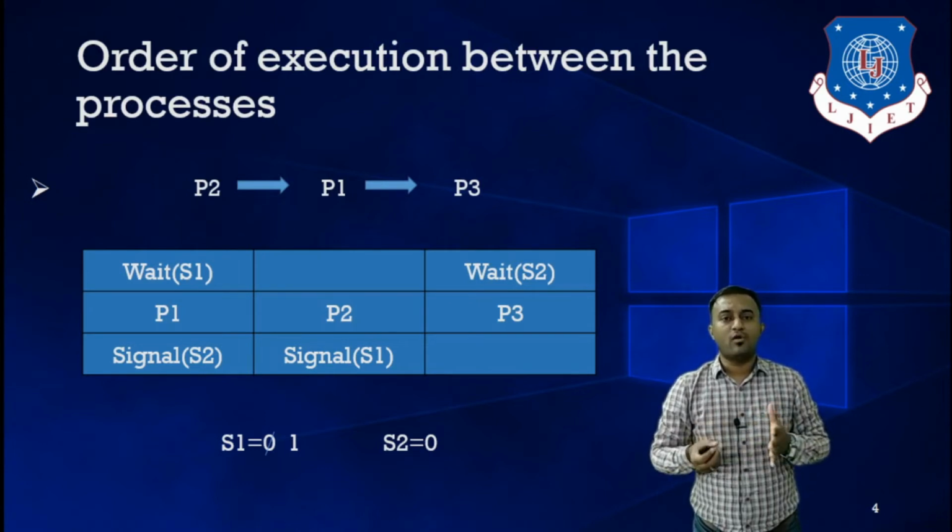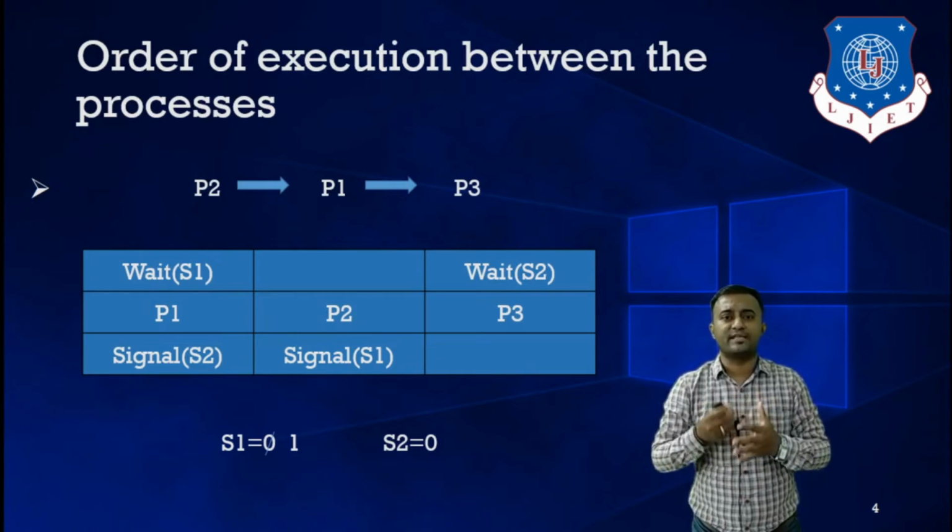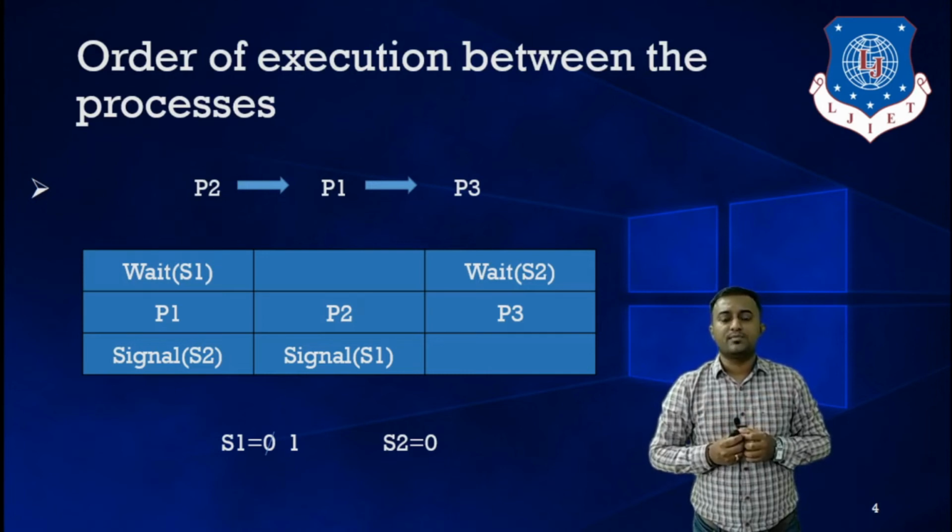We have already understood this in the process management chapter, in which we discussed various CPU scheduling algorithms like first come first serve, round robin, shortest job first, and priority based scheduling. Based on these algorithms, the operating system will schedule the processes for execution. But suppose we have one requirement.